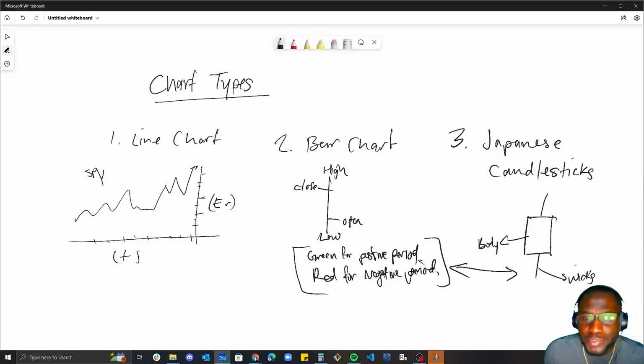And the reason why I like Japanese candlesticks is the patterns are much easier to identify, and certain patterns have really generated higher hit rates. Like engulfing patterns, for example, and also dojis.